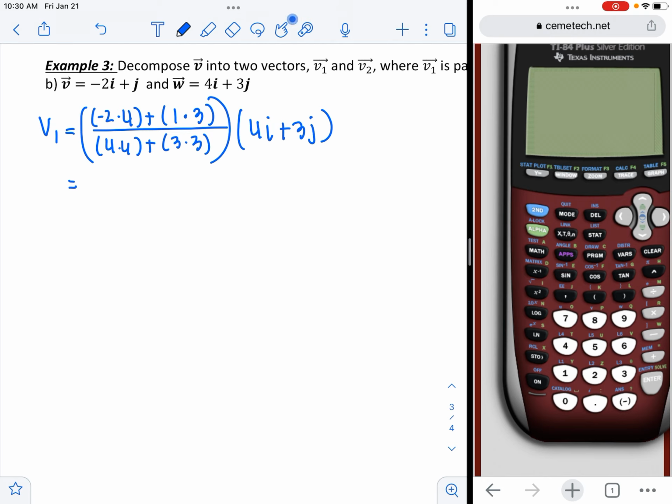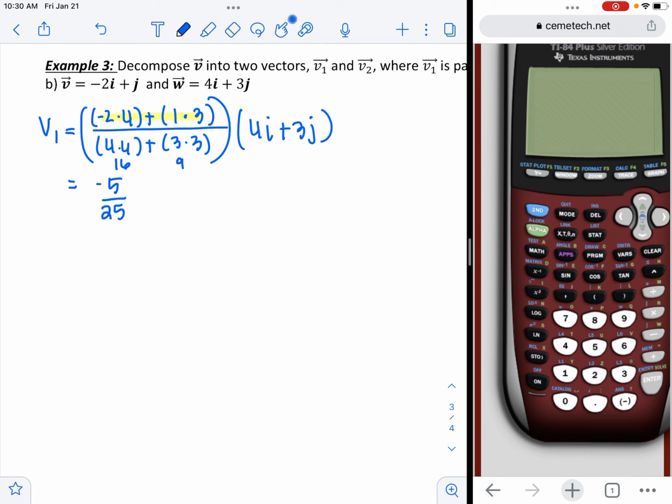You can do the mental math or you can use your calculator for help, but just don't put the whole thing in your calculator. -8 plus 3, which is -5, over 16 plus 9.